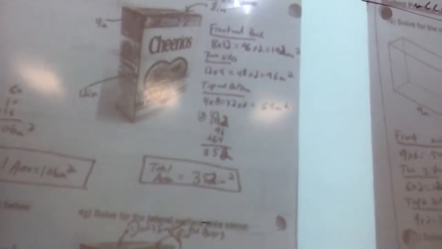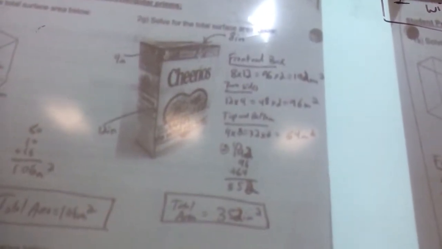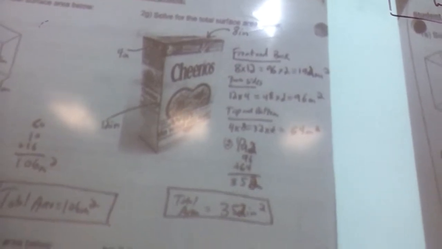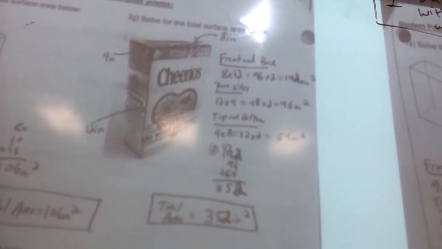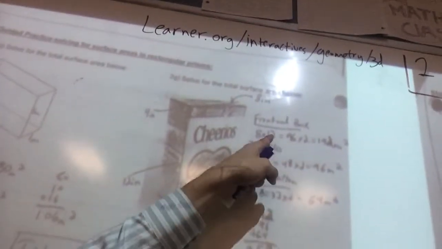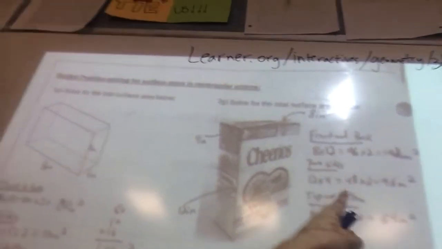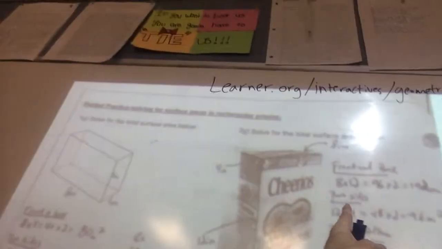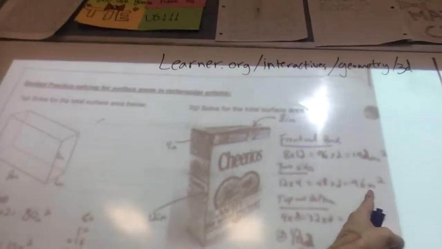But I want to zoom in a little bit on one problem here. If you could notice how I did this problem. I tried to do it as organized as possible. Notice that I have underlined front and back, and I do the calculation. Two sides, and I do the calculation.